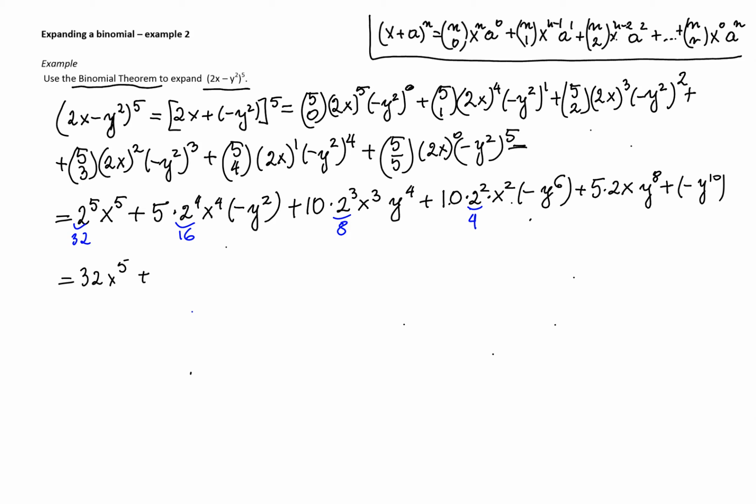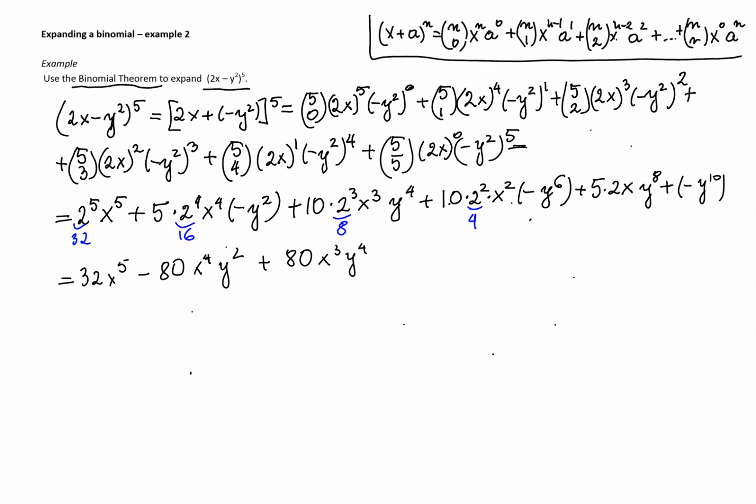Then we'll have 5 times 16, and with the minus sign attached to negative y squared, we'll have a minus 80 x to the fourth y squared. And then we'll have plus 10 times 8 is 80 x cubed y to the fourth.